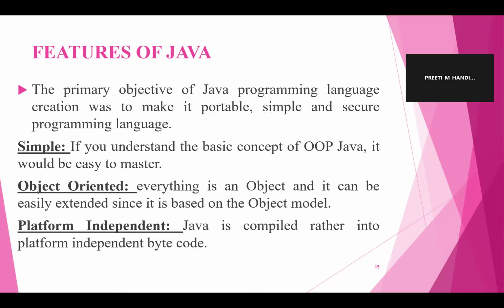Then we call it object-oriented: everything is an object, and we write the code based on the object model. Then platform independent: Java is compiled into platform independent bytecode.